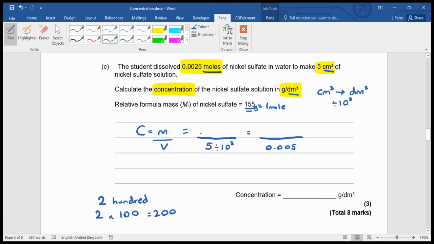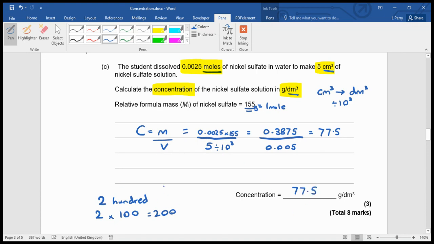So I'm going to do 0.0025 times 155. So if I actually work that out, type it into my calculator, I get 0.3875. If I type both of those into my calculator, I get 77.5. So my answer is 77.5.